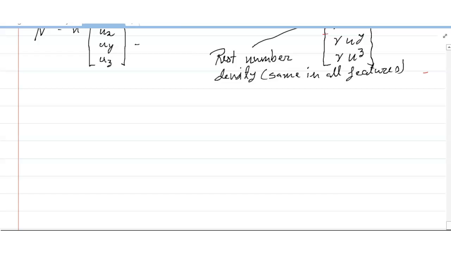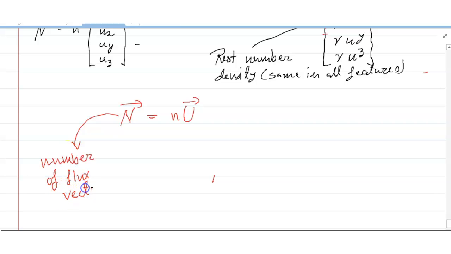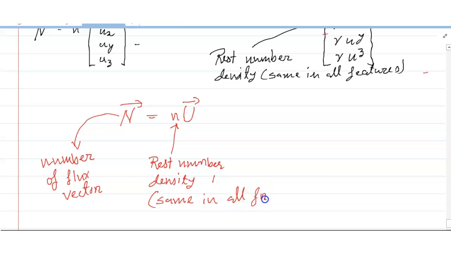Now, the number flux vector N equals n times u, where N equals the number flux vector and small n equals the rest number density, the same in all frames, and u equals the 4 velocity.